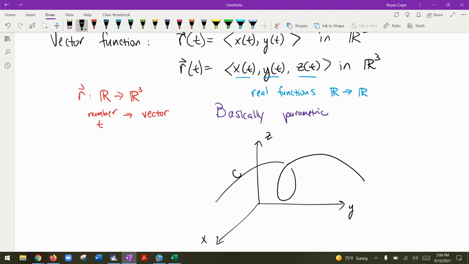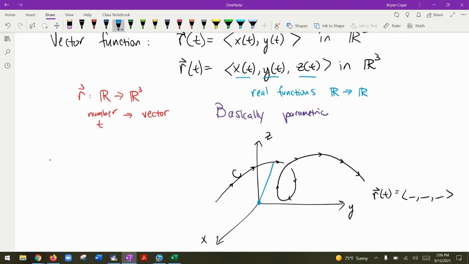So we'll call this the curve C, and suppose it's parameterized so that it's traced out like this, because it doesn't only just have a curve, it has an orientation to it too. Okay, and you've got this vector function R of t, and you know what it's made up of. It's made up of these 3 components, 1, 2, 3. And I want you to think of various points on that curve as being a vector.